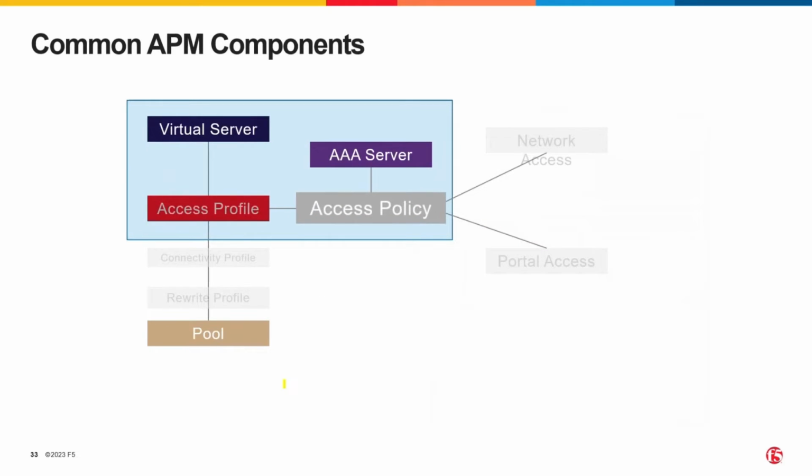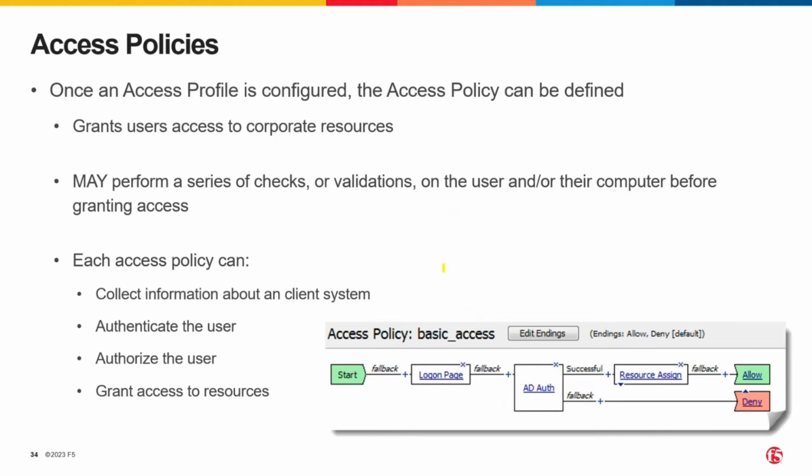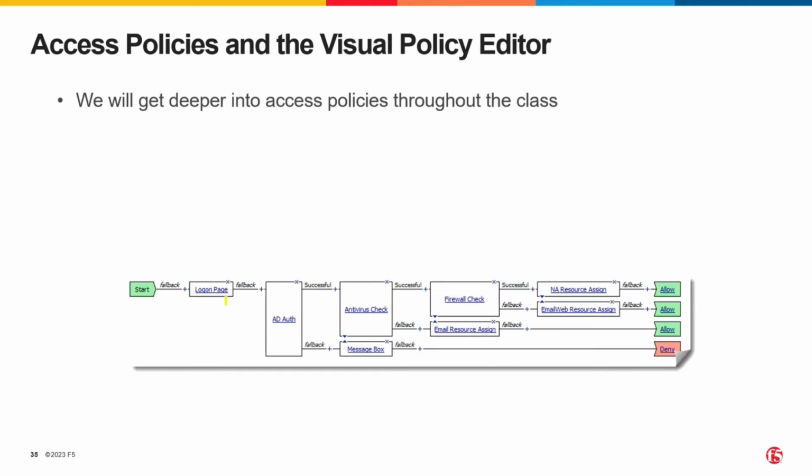Okay, so yeah, access policy. We've mentioned already about that. I want to skip that slide here. This is something we are going to configure later on. Okay, so the entire access policy in this visual policy editor, I already talked about that. So you're going to configure it.